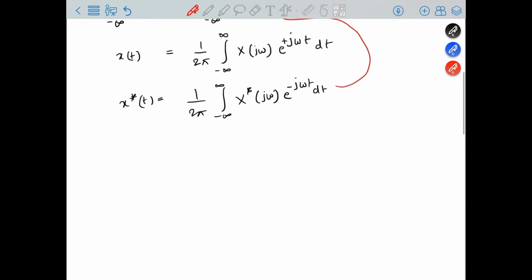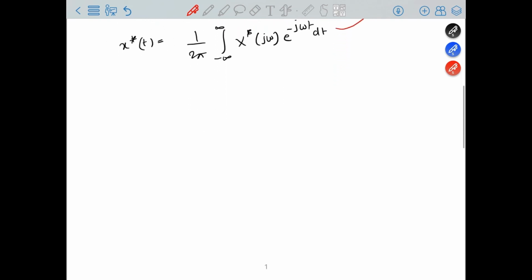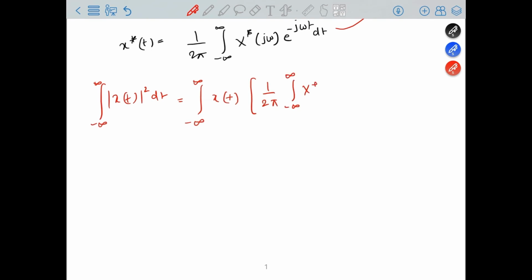Now we'll replace this x conjugate t in this expression. So we have our expression as the integral from minus infinity to infinity of mod of x(t) square dt. It will be equivalent to the integral of x(t) as it is, and we'll replace x conjugate t with the expression which we have got in the previous step. So that will be 1 over 2 pi times the integral from minus infinity to infinity of X conjugate j omega e raised to the power minus j omega t d omega, and this will be dt.